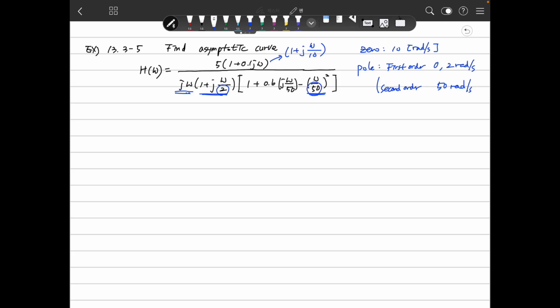So at first we need to define the DC gain. What is the DC gain? H of omega as omega goes to zero, but the denominator has the omega. So if we go to omega zero, then we cannot define the value.